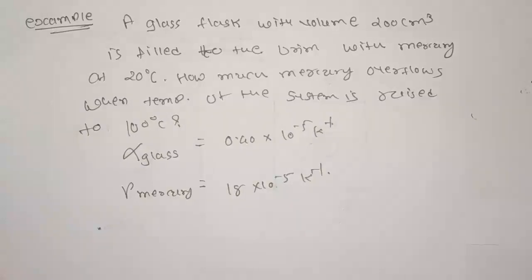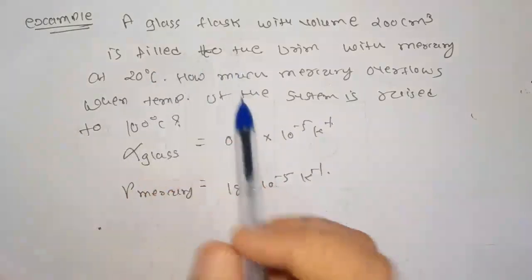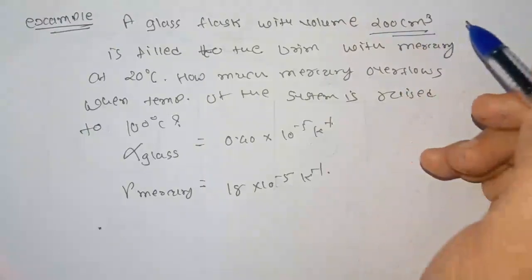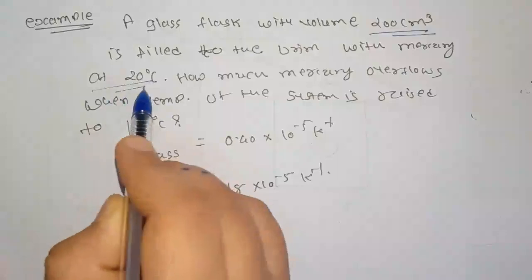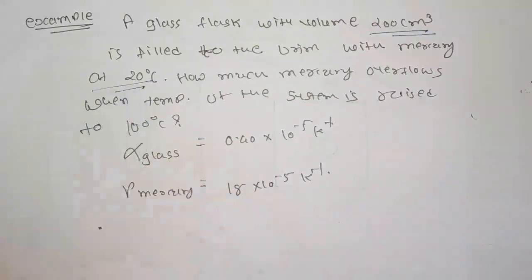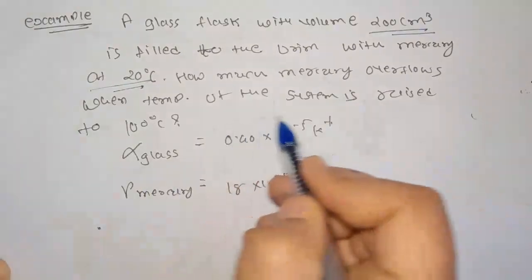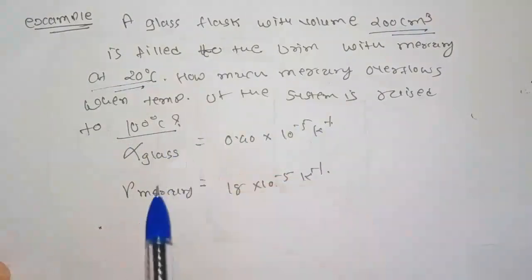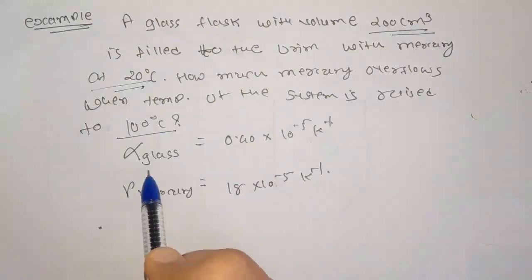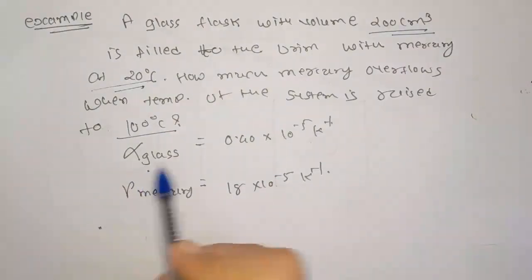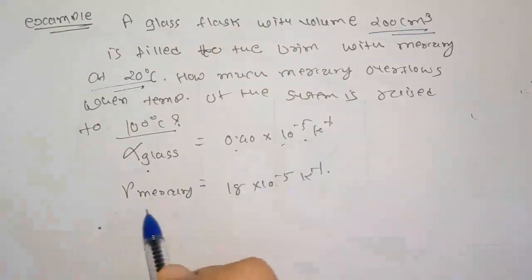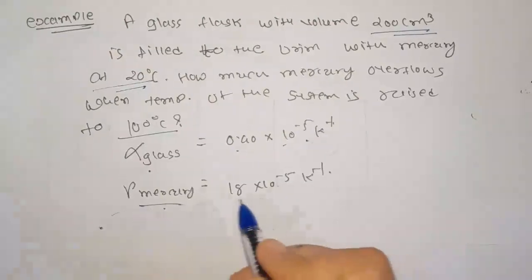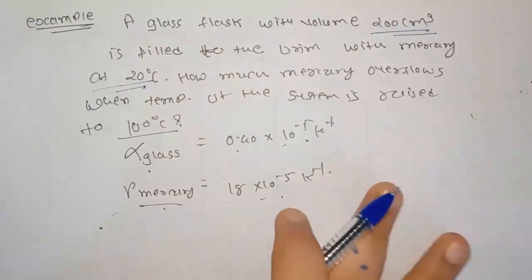In this example, a glass flask with volume 200 centimeter cube is filled to the brim with mercury at 20 degrees Celsius. How much mercury overflows when the temperature of the system is raised to 100 degrees Celsius? Given the coefficient of linear expansion for the glass is 0.4 into 10 power minus 5 Kelvin inverse and the coefficient of volume expansion of mercury is 18 into 10 power minus 5 Kelvin inverse.